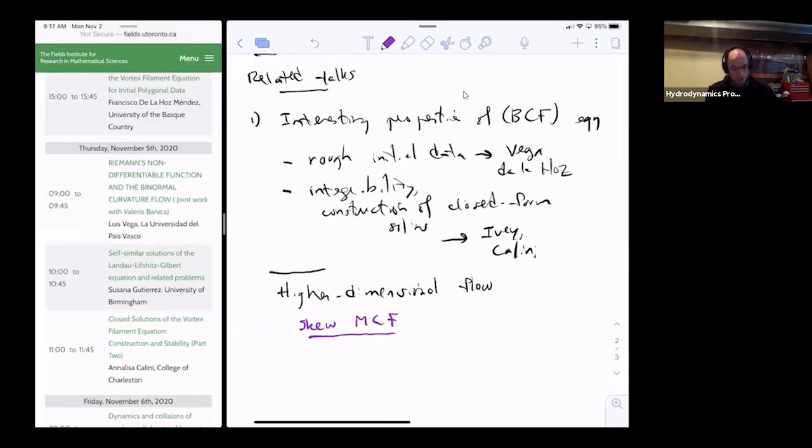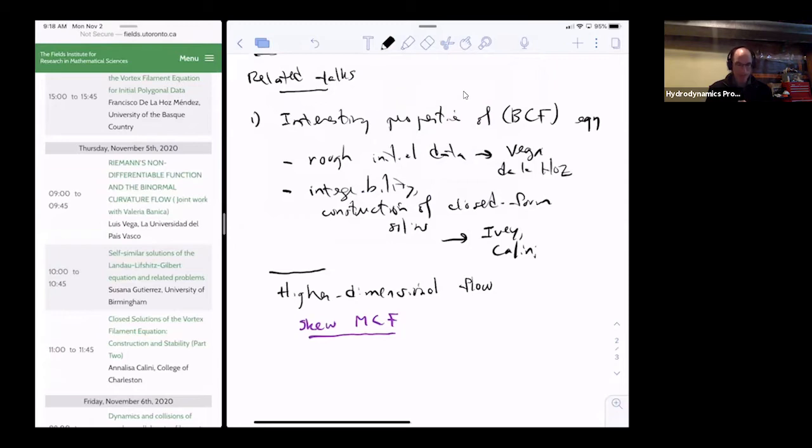And so there'll be a talk on well-posedness for this. The existence, uniqueness, etc., for the standard binormal curvature flow, the flow of curves in R3, is pretty easy. It's very classical. I think that was first proved by my colleague Catherine Sulem in the 80s, maybe, and collaborators. But that's not hard.